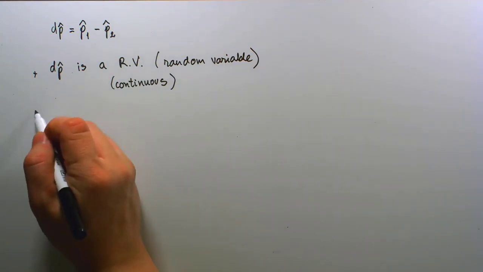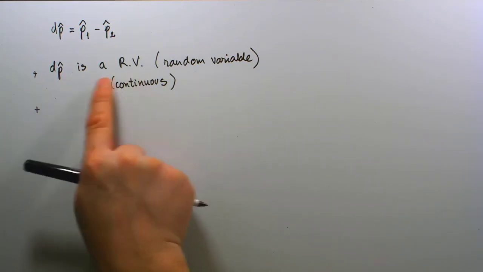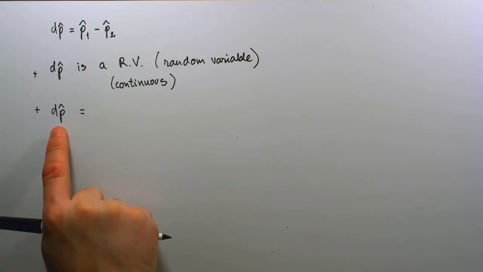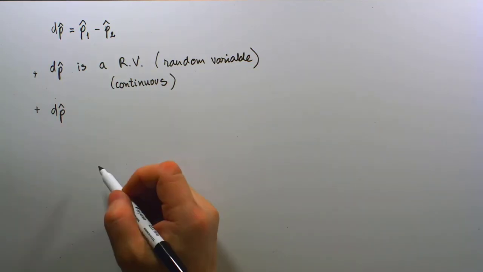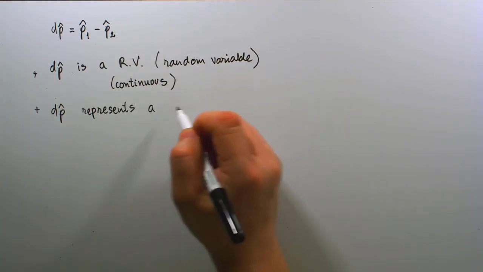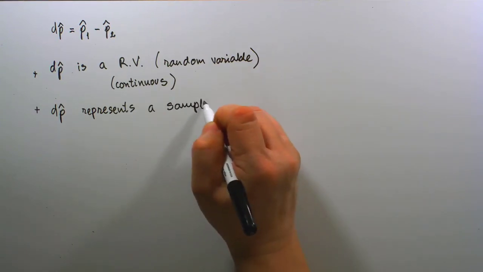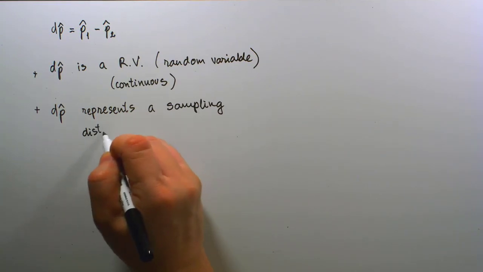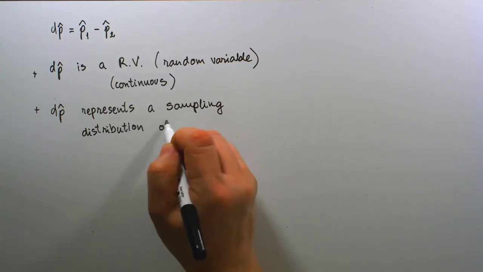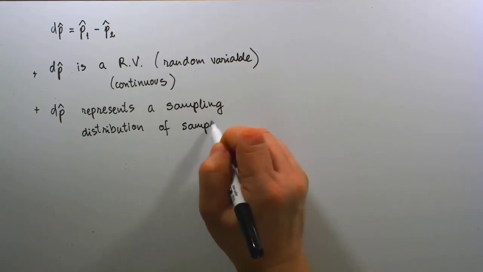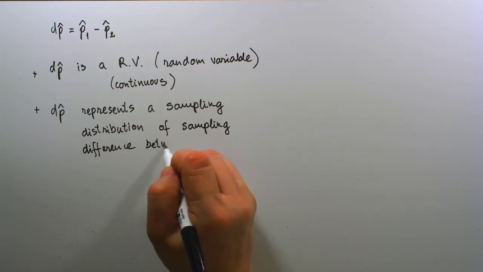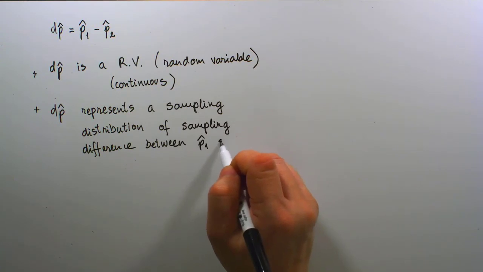And so the next impact of understanding dp hat as a random variable is that dp hat represents an entire sampling distribution, or dp hat itself is a sampling distribution of sampling differences between a p hat 1 and a p hat 2.